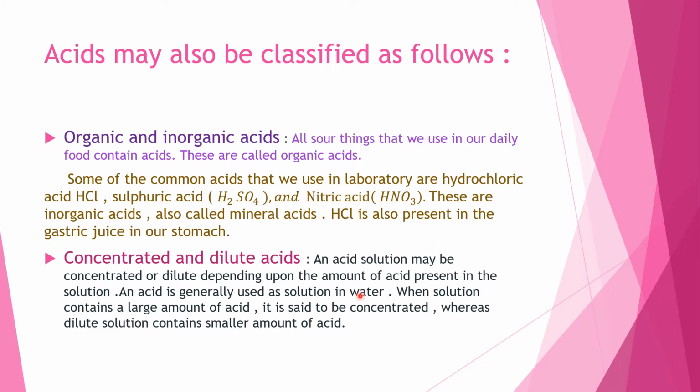If the amount of acid is much higher than the water's amount, then it is a concentrated acid. But in a dilute acid, there is a larger amount of water than acid. That means the proportions are different. If the proportion of acid is less, then it is dilute.